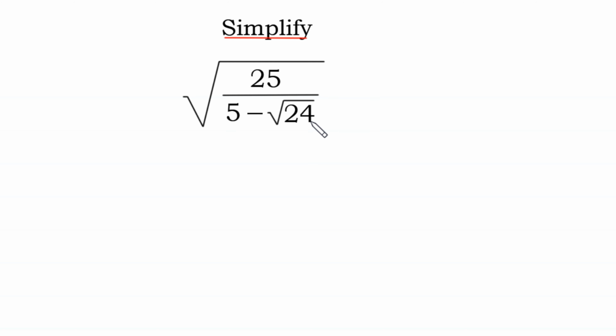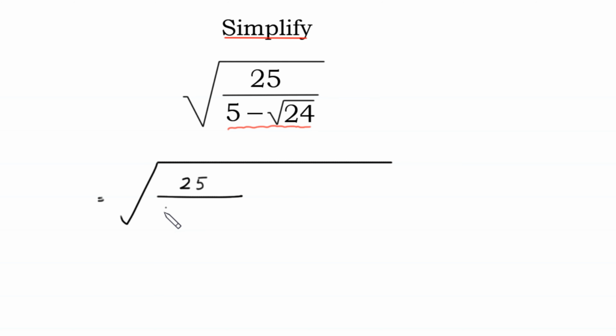To simplify this expression, we multiply and divide it by the conjugate of the denominator, 5 minus square root of 24.